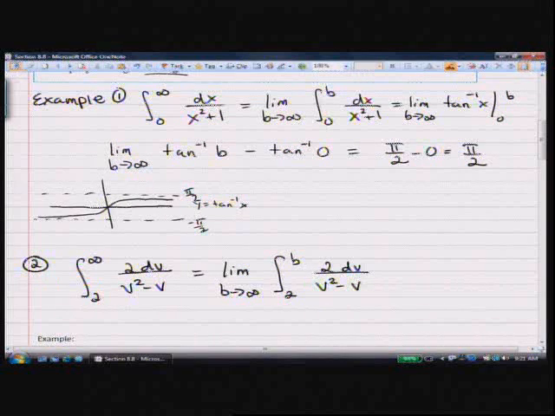When you look at this one, it's not going to integrate with anything on the table. Does anybody have any techniques that you've thought of?